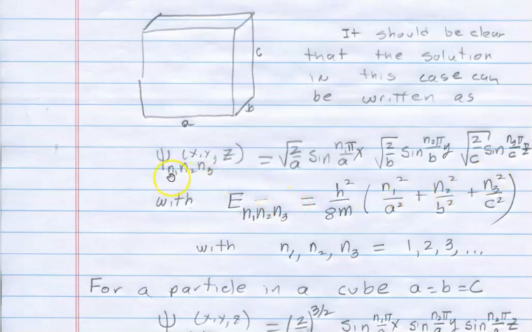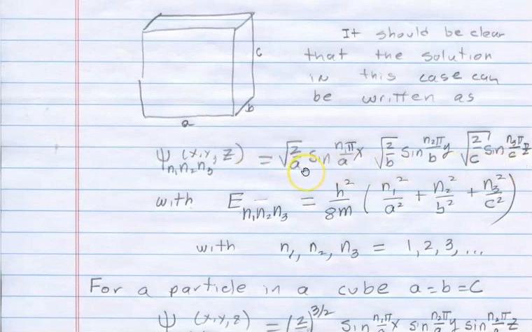What we find is that the stationary states, the eigenstates, the eigenfunctions, depend on three quantum numbers, n1, n2, and n3, and it really turns into, by the separation of variables technique like we did in 2D, an extension to that third dimension. And we get these wave functions.